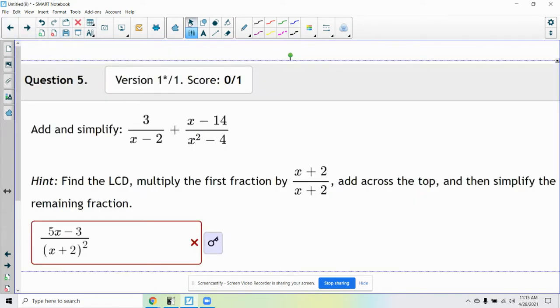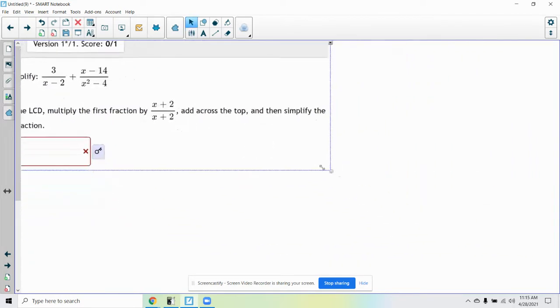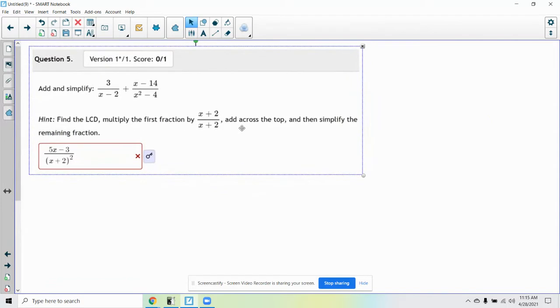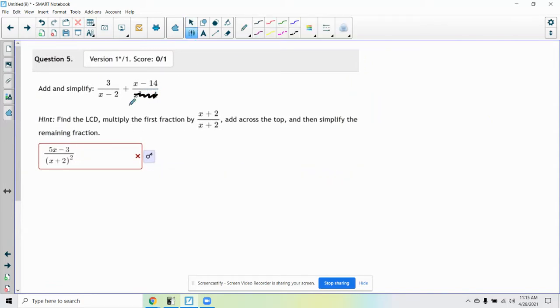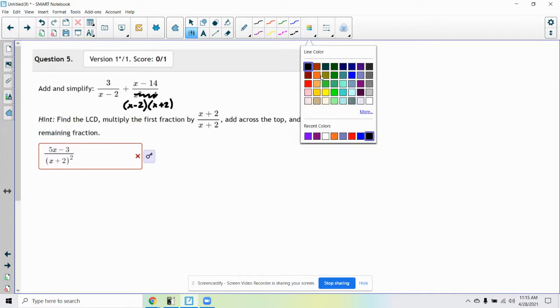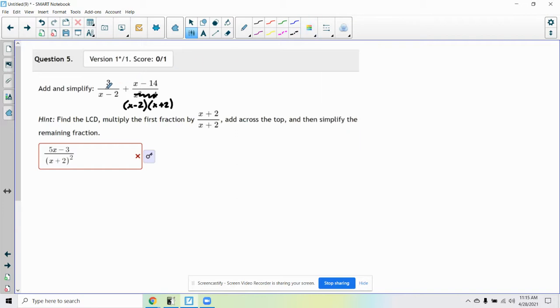All right, question 5. It says add and simplify. So this first guy, I can rewrite as a difference of perfect squares. That's x minus 2, x plus 2. So you can multiply the first fraction by x plus 2 over x plus 2. So we'll have the same denominator.